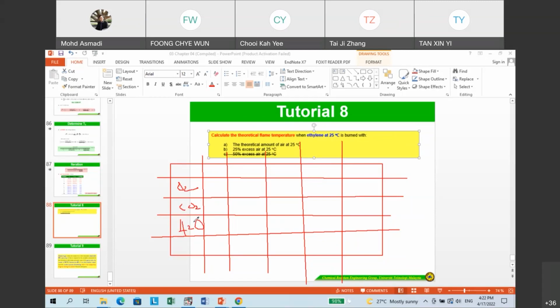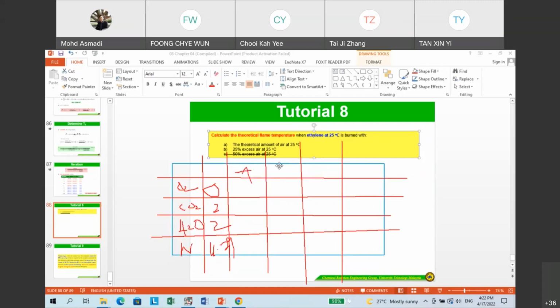Oh, sorry, oxygen is 0 moles. The number of moles for this one is 2, 2. Since oxygen is 0, you don't need to calculate it. And then nitrogen is 11.29.